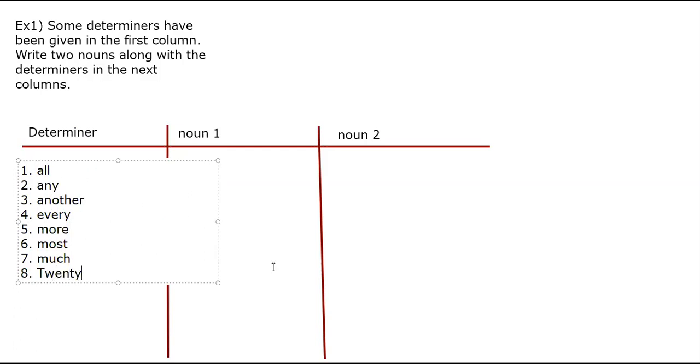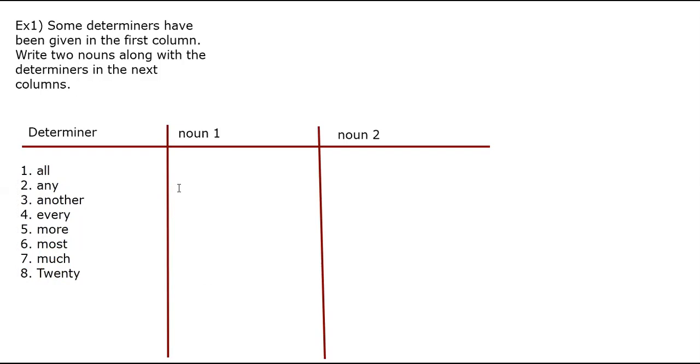Okay. Now you have to use all these determiners with a noun. Like all, all will go with all schools, all women, all girls, like this. Any. So any person, anyone, any school. Okay, you have to write with nouns, not with adjectives. Like 20 books.